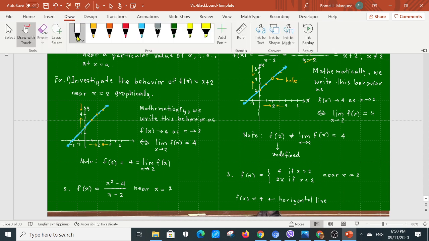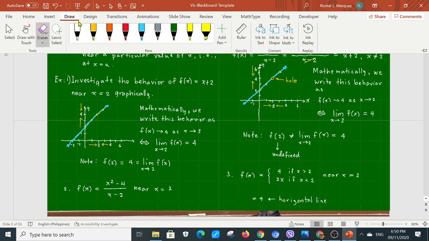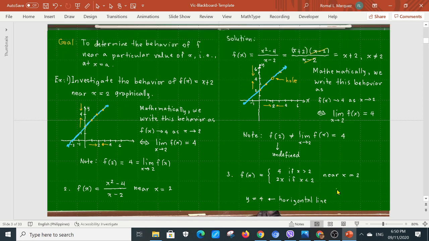Guys, what can you say about y equals 2x? What is that? This is a slant line, no? But of course, we want it to be less than 2, while the horizontal is greater than 2.